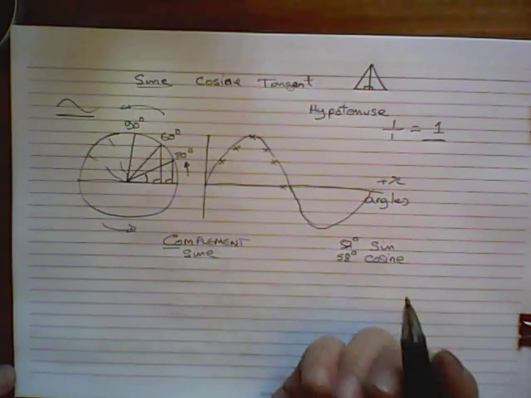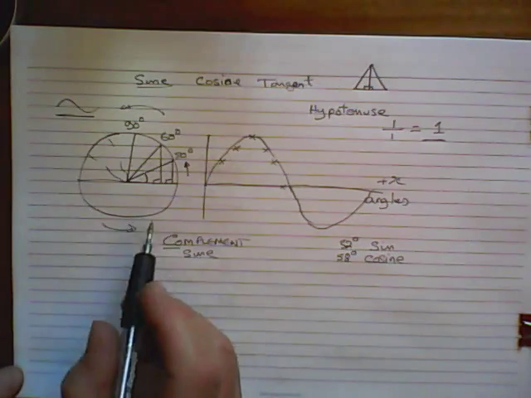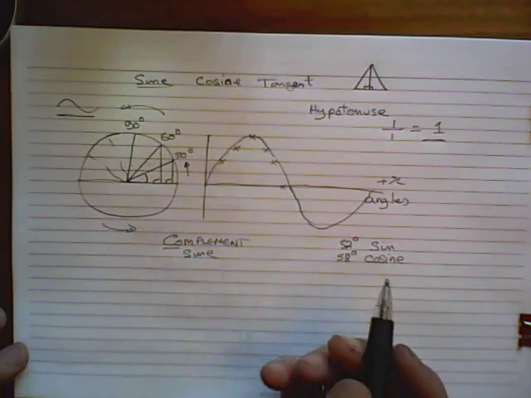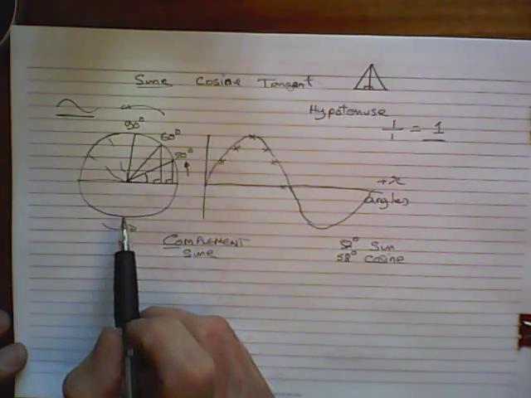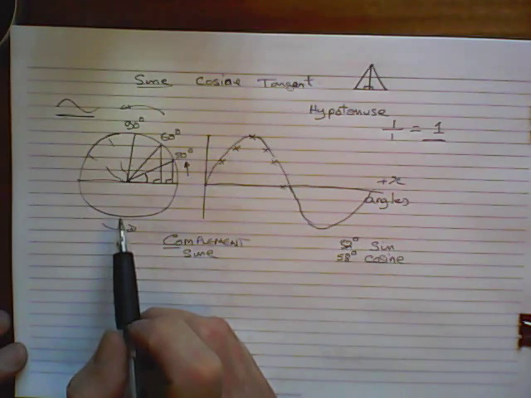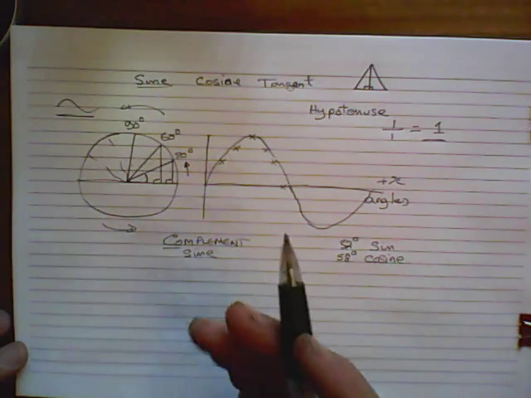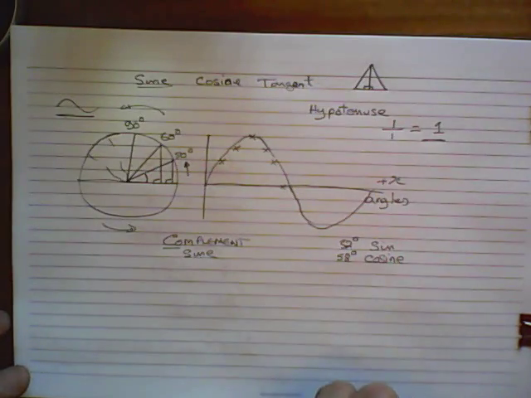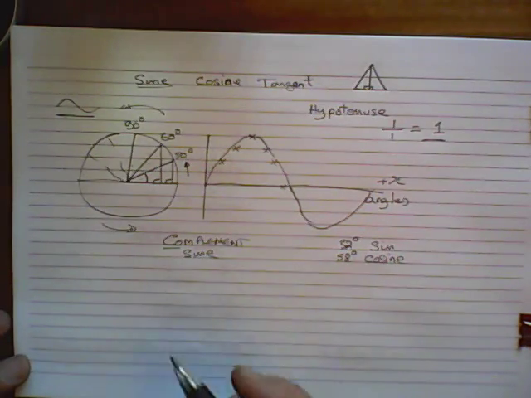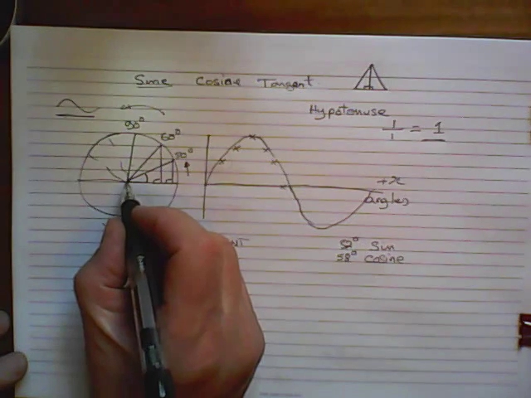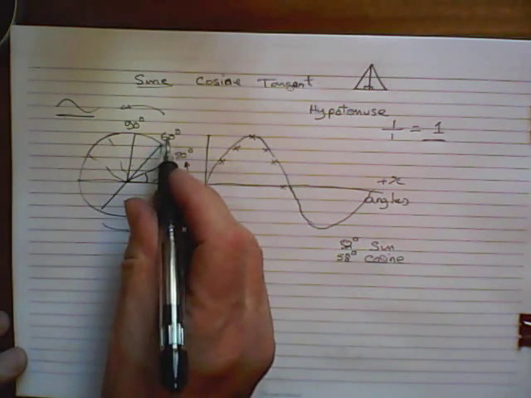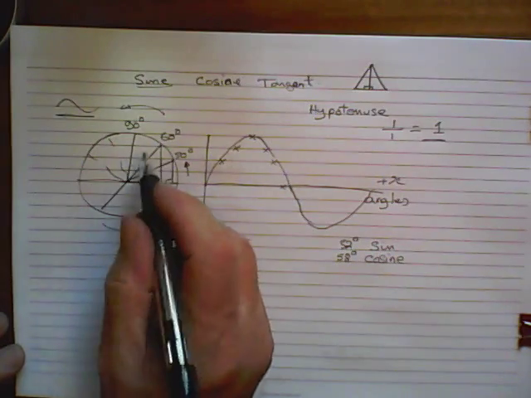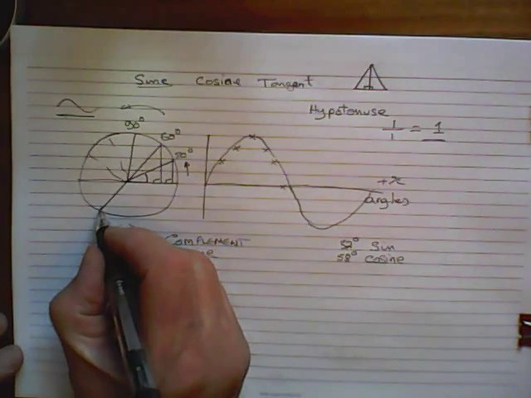What does tangent mean? Well, tangent cannot, once again, be directly related to a right-angled triangle, because it is once again a curve and doesn't really relate to a right-angled triangle at all, except in this context. If I draw a line there, that's a line opposite 60.